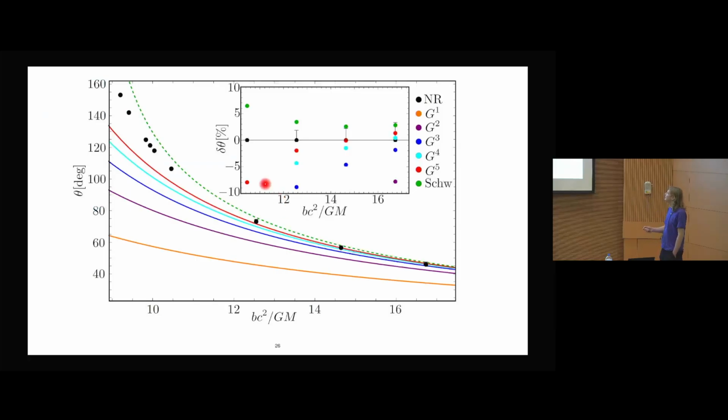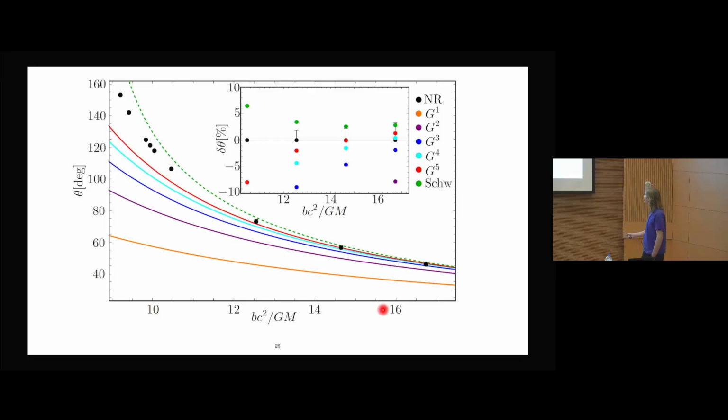And the scattering angle then can also be plotted. So we see here the solutions up to a certain order. So we have here 1PM, 2PM, 3PM, 4PM, 5PM. And here we have the full zero SF solution, and these dots are the numerical relativity data. And what we see is that we have the angle as a function of the separation of the two black holes.